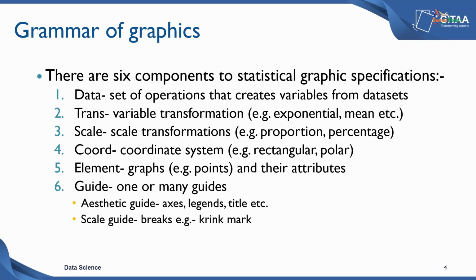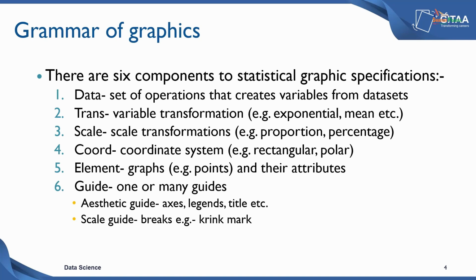So that is scale transformation. The fourth component is the coordinate system, which can either be rectangular or polar or any other coordinate system. The next component is element, which actually represents the graphs and their attributes. Let's say for instance I take a scatter plot, so I am going to represent a scatter plot using points. So I am going to be referring to the points and their attributes. That comes under element. The last component is called guide, which can either be aesthetic or scale.